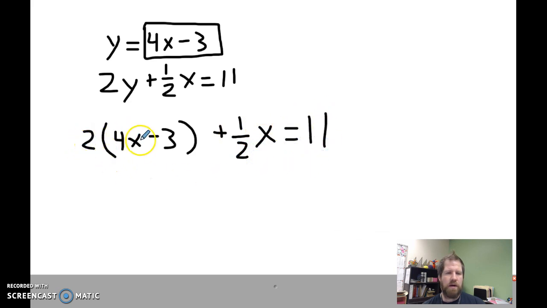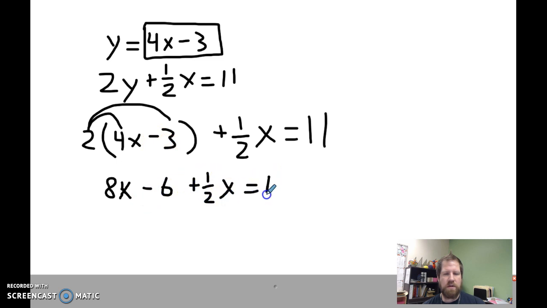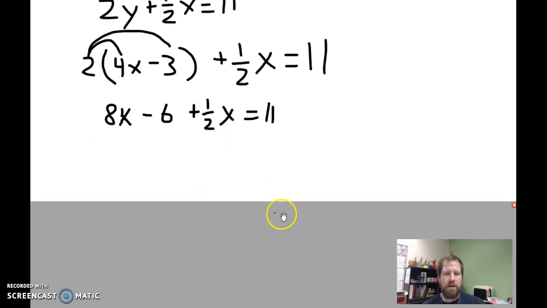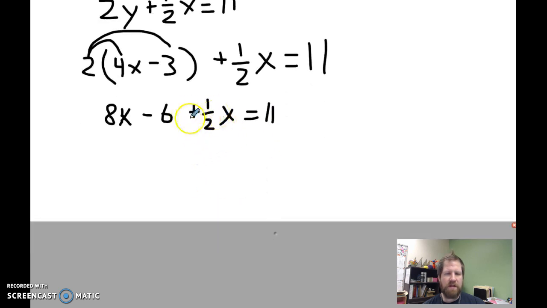Now I'm going to distribute. 2 times 4x is 8x, and 2 times negative 3 is negative 6, plus 1/2 x equals 11. Now I've got this fraction.